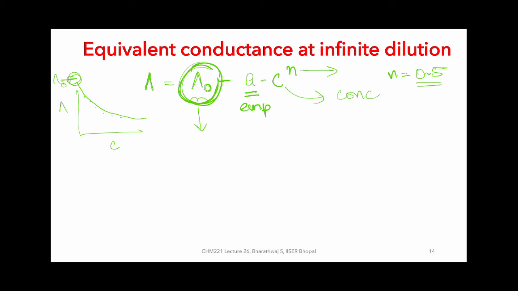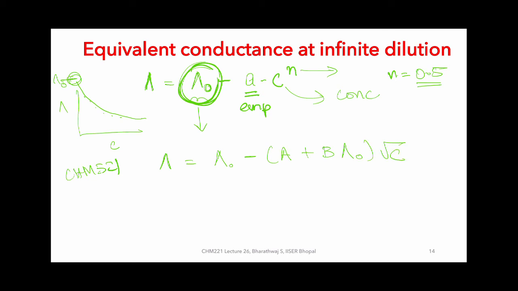On the other hand, a model that fits these equations better is called the Onsager's equation. Once again, this will be taught to you in CHM 321, but briefly, this is an equation where you have the equivalent conductance related to the equivalent conductance at infinite dilution, such that it also has other parameters that come with respect to the square root of the concentration.